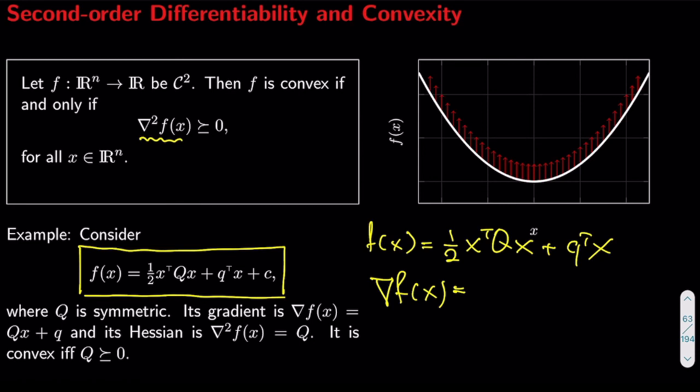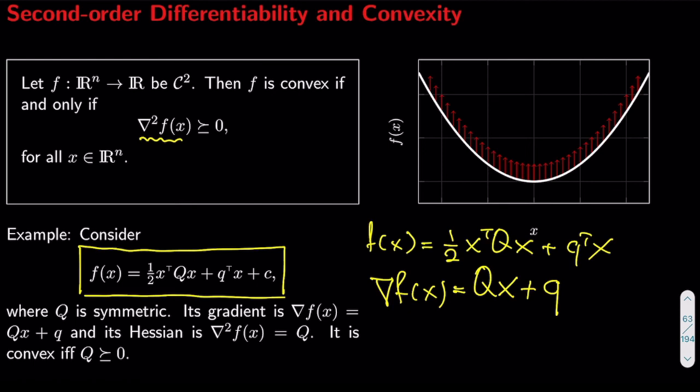What is the gradient of 1/2 x transpose Qx? If Q is a symmetric matrix, then this is simply Q times x. And I want you to keep paying attention to what I'll say now. What is the gradient of q transpose times x? The gradient of this is simply little q.